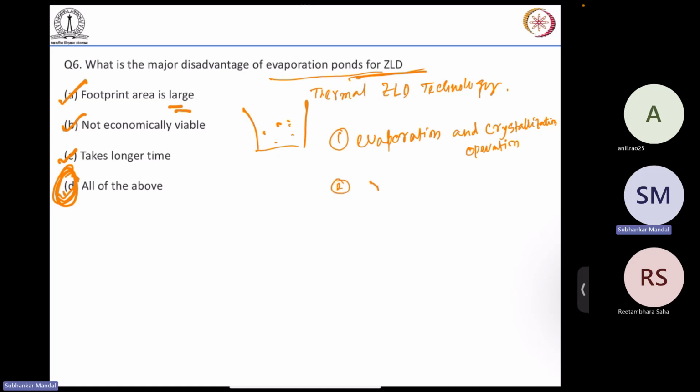In this evaporation method you can get more than 90% water recovery, but in the crystallization method you can get 100% recovery.